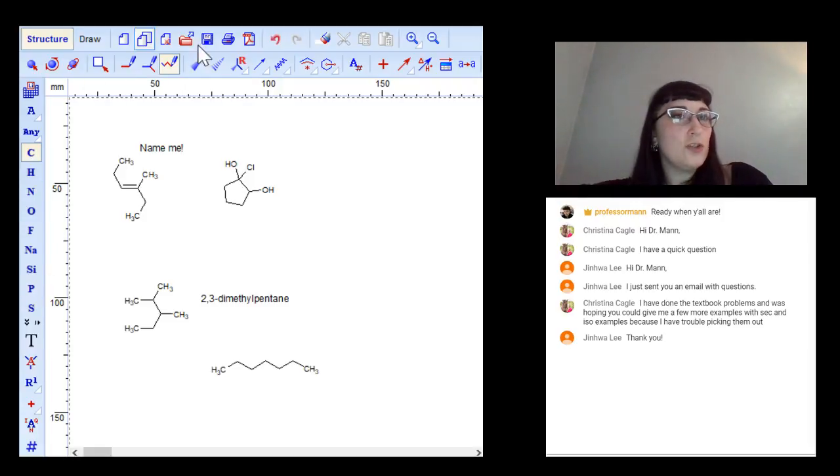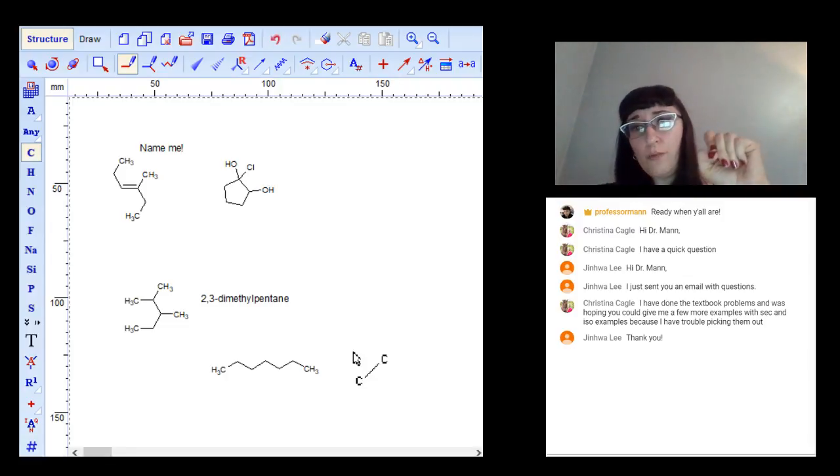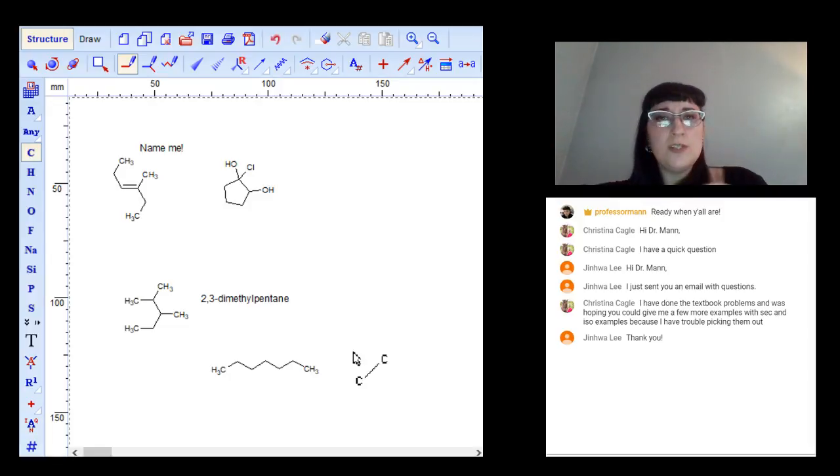There are two different ways you can use sec, iso, and things like that. You'll notice for N-propyl, we don't really use that if it's being used as a carbon substituent.